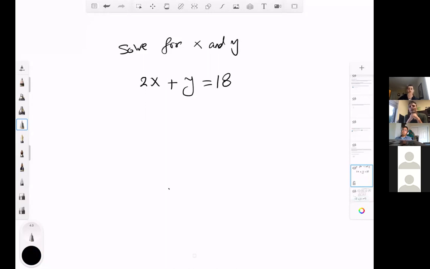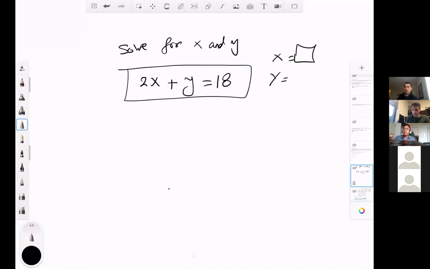Ray, are we able to solve for x and y? No. I like the motion, very relaxed. No, very good. So we are not able to solve for x and y. We have one equation here and two unknowns. x is unknown, also y is unknown. So this is not possible to solve.